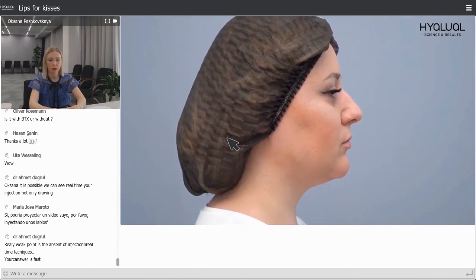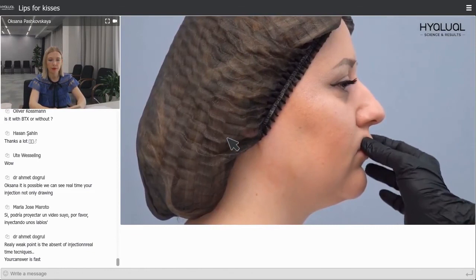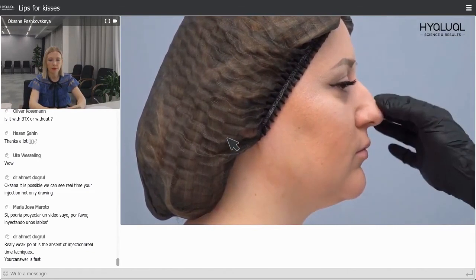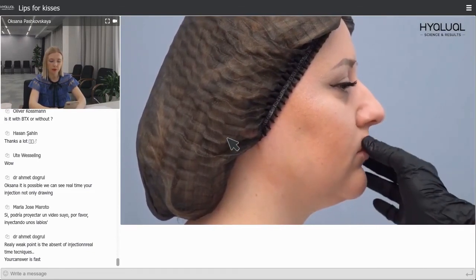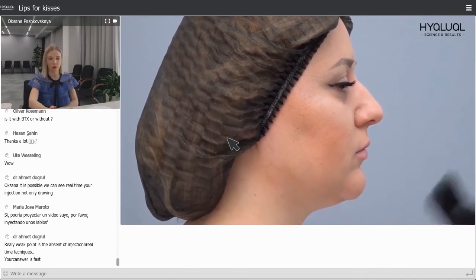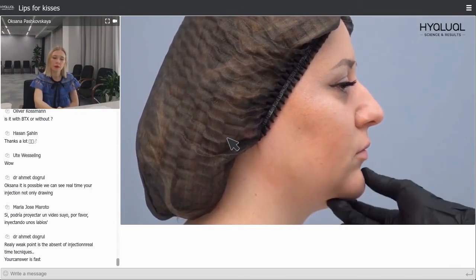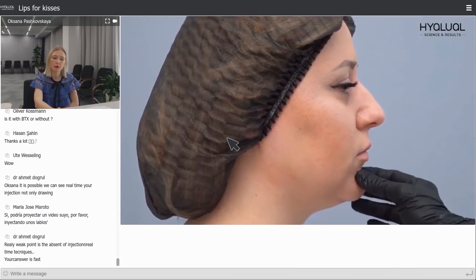First, pay attention to the nasolabial angle. Its ideal measure is 90 degrees, or even more in women. So, if it's less than 90 degrees, be careful with additional volume in the upper lip.